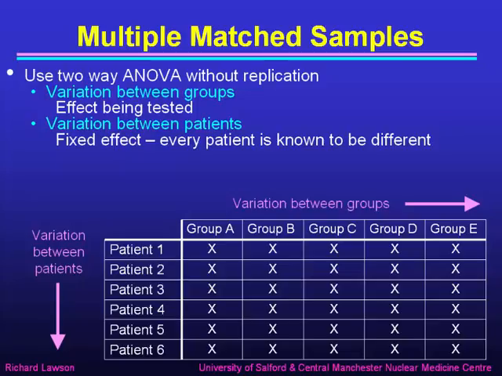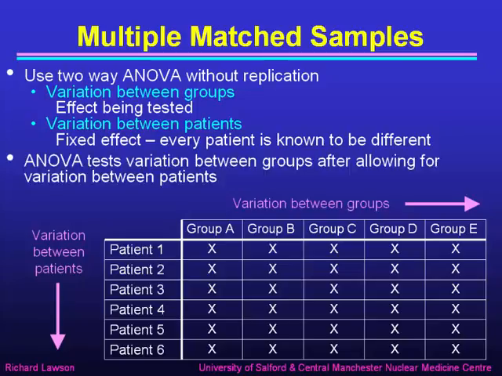Here every patient is going to be different, so we're treating this as a fixed effect, something that we expect to be different and we need to allow for. The analysis of variance will test the variation between groups after allowing for variation between patients to tell us whether there is a difference between the groups irrespective of any difference between patients.